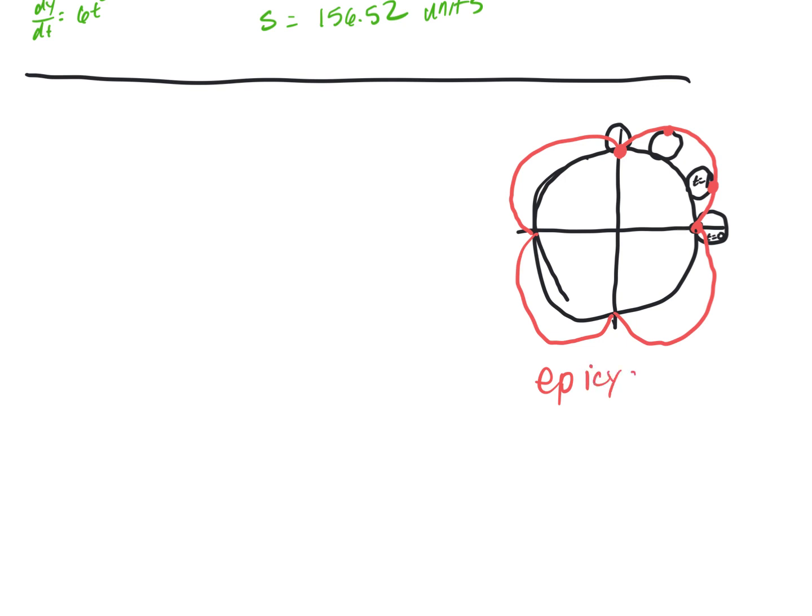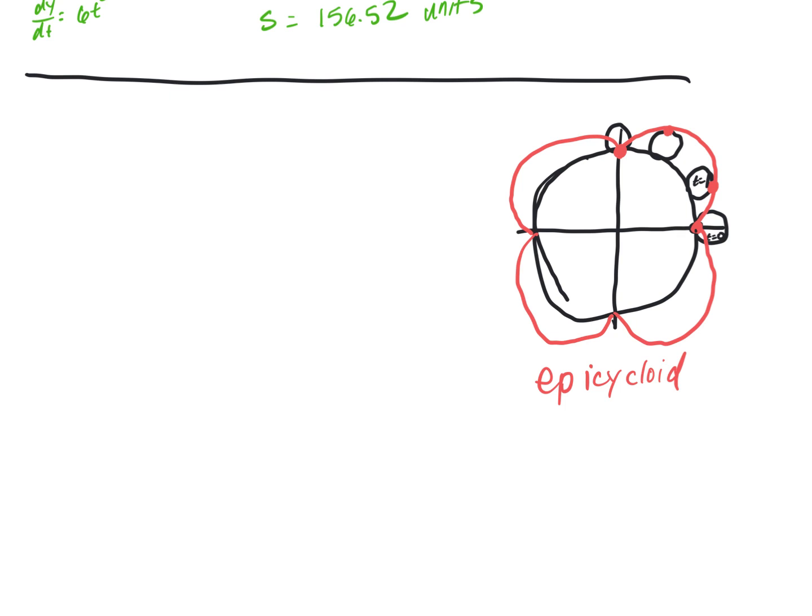I had to double check the spelling: epicycloid. Now, if I asked you to create this in your calculator, it would be a very challenging thing to do unless we use parametric equations. Everybody good?